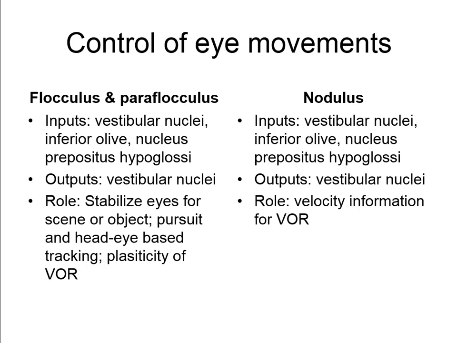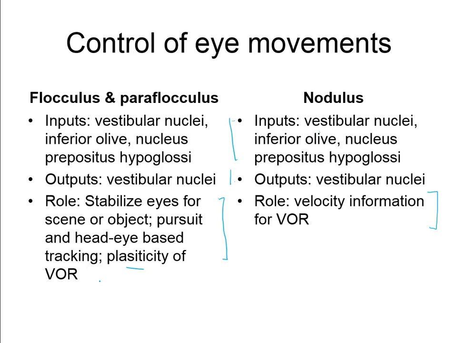They have pretty comparable connections in terms of inputs and outputs, yet they end up doing different things. So this carries mostly the velocity information for the vestibulo-ocular reflex. How fast do you have to move? What's the rate of head turning, and therefore how fast do you have to turn in the opposite direction? Whereas this is much more about stabilizing eyes and then plasticity of the VOR.